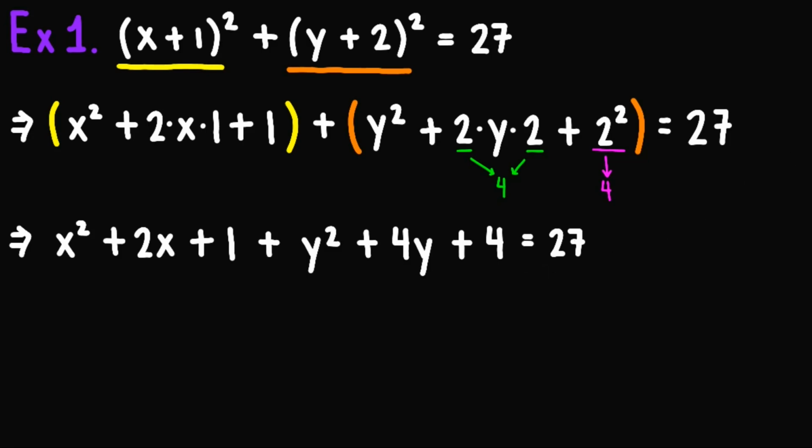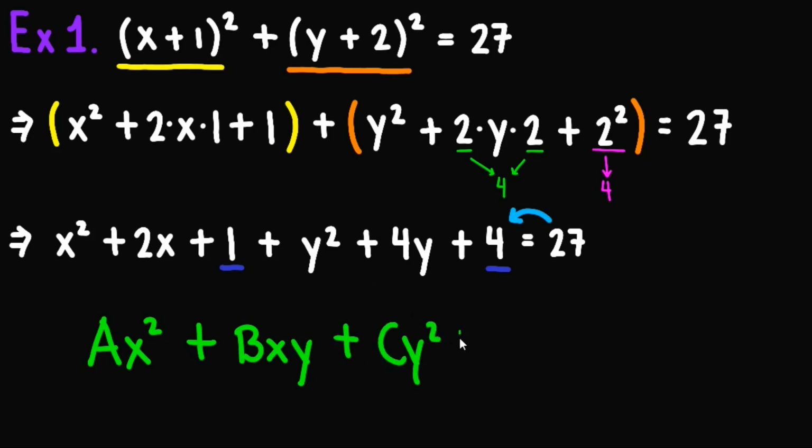Now in here, take note that we can add 1 and 4 out here, and aside from that, we can move 27 to the left, since take note that in standard form of a conic section, we have ax squared plus bxy plus cy squared plus dx plus ey plus f equals 0.